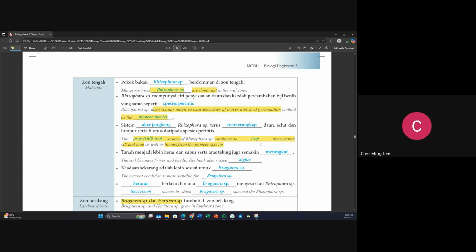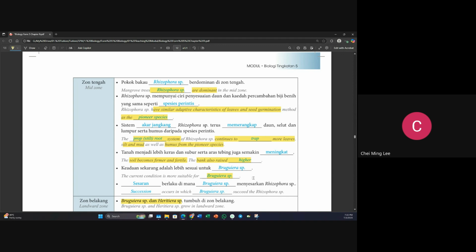Humus is what you get when the plant dies, the tree breaks down piece by piece. With this, the soil becomes firmer and more fertile, and the bank is raised even higher. With this, now Bruguiera sp. comes in.